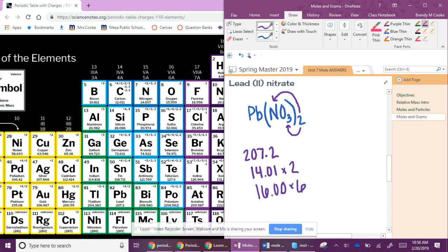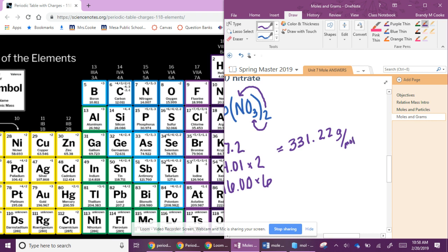So let's add that together. So 207.2 plus 14.01 times 2 plus 16 times 6. And hopefully your answer for this was 331.22 grams per mole. And hopefully that's the right answer.